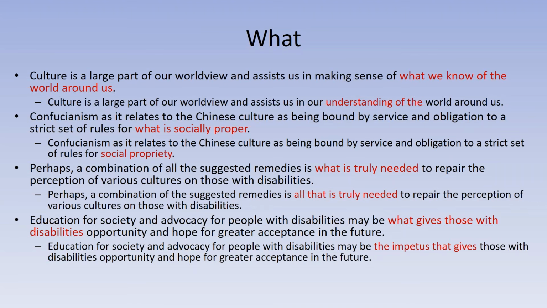Education for society and advocacy for people with disabilities may be what gives those with disabilities opportunity and hope for greater acceptance in the future, which could be changed to education for society and advocacy for people with disabilities may be the impetus that gives those with disabilities opportunity and hope for greater acceptance in the future. So just by defining what, you give much more strength to the sentence.